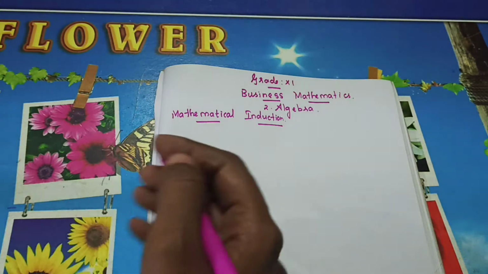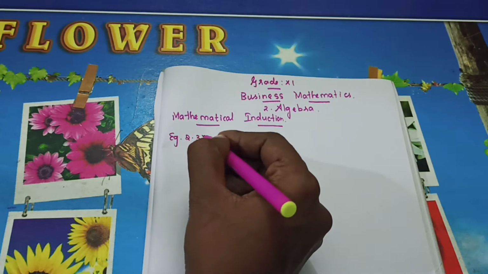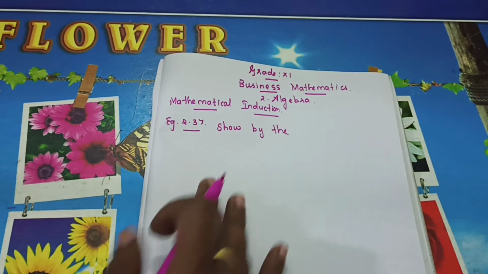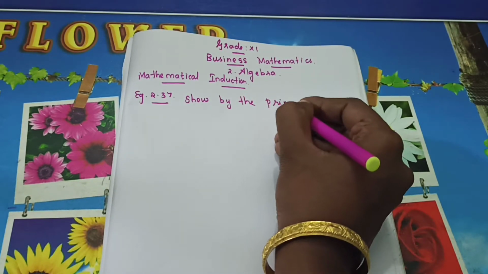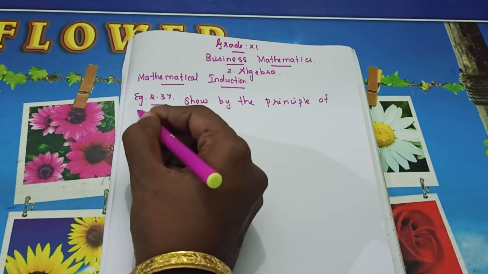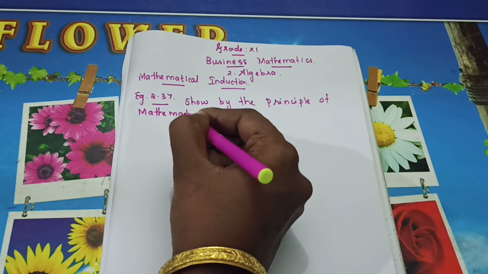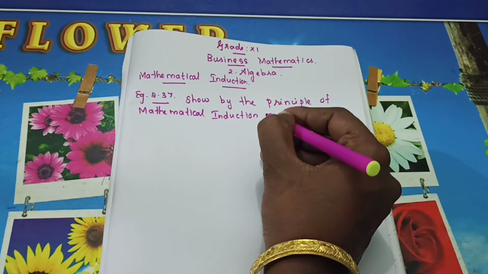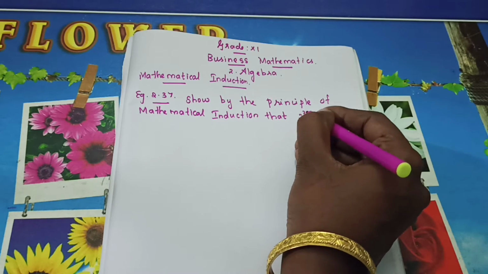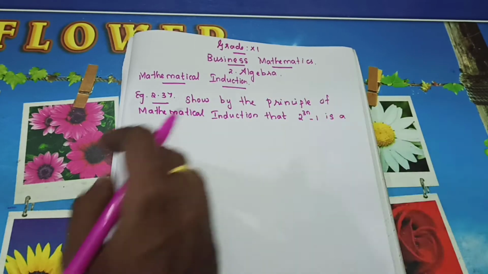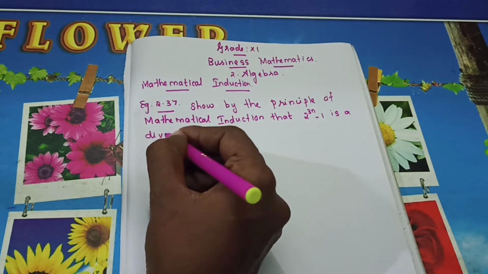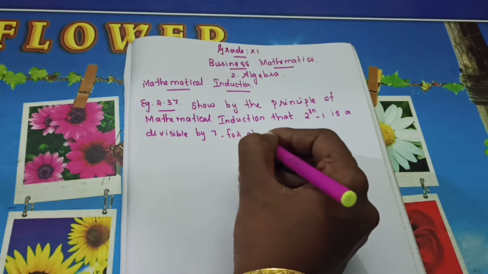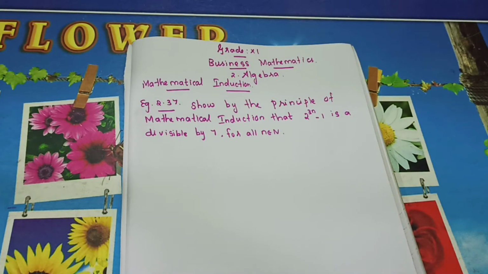Example 2.37. Question is, show by the principle of mathematical induction that 2 power 3n minus 1 is divisible by 7 for all n belongs to N. Okay, listen to the question carefully.